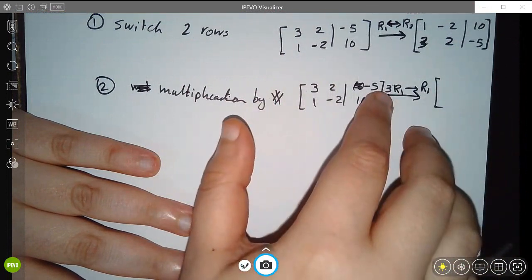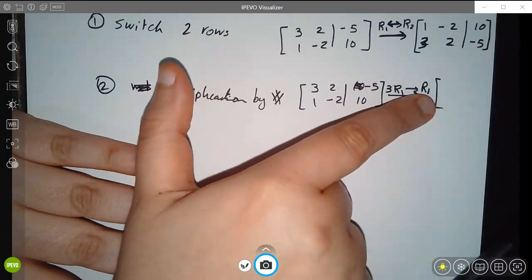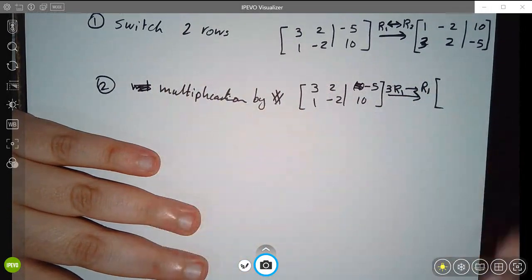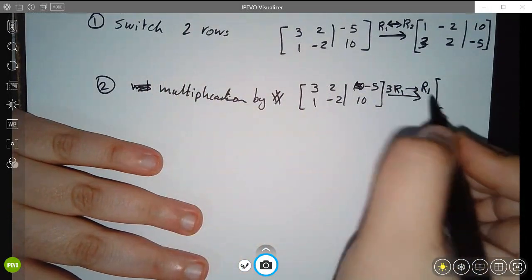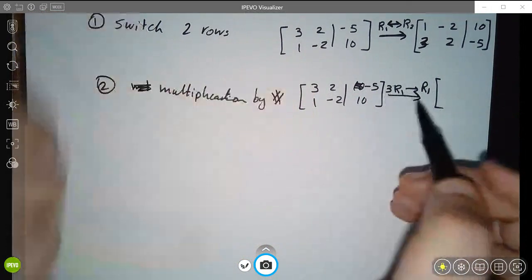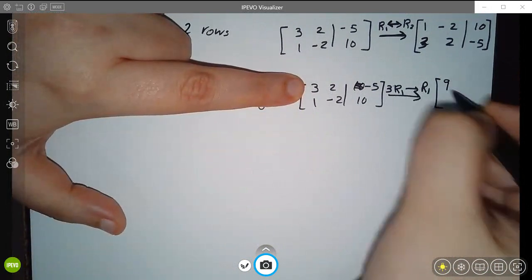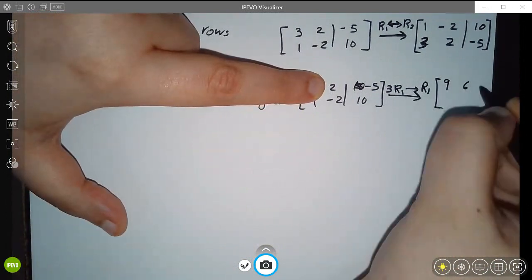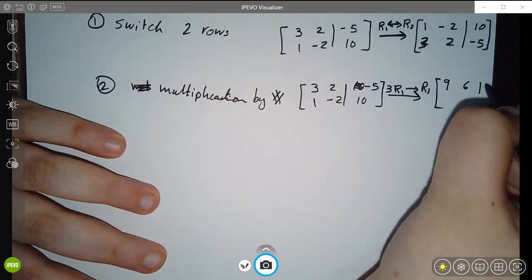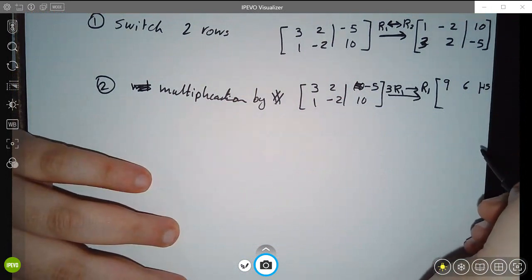So you always multiply the first one, and then you tell me that 3 of the one we already have is going to turn into the first one of the new matrix. So 3R1 turns into R1. This is the first row. I'm multiplying it by 3. So that means that we have 9, 6, line, and since 5 multiplied by 3 is 15, and it's negative. I ran out of space.